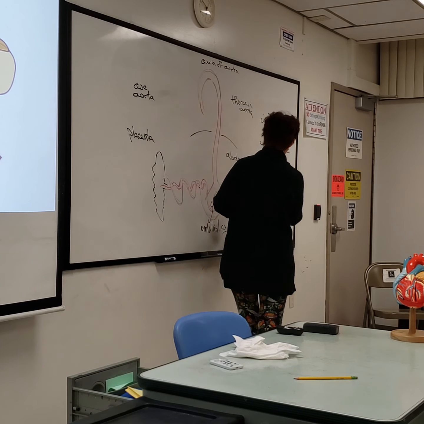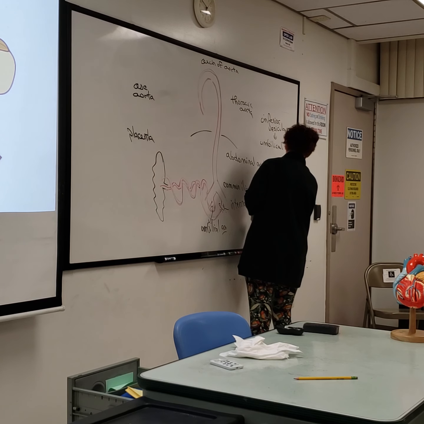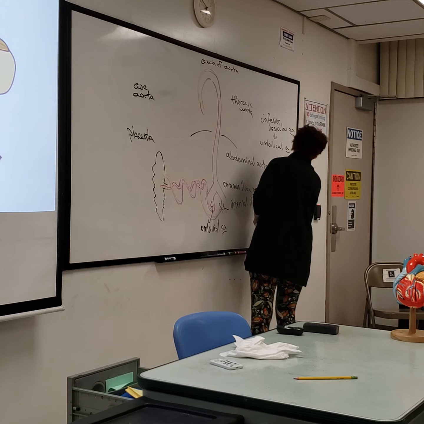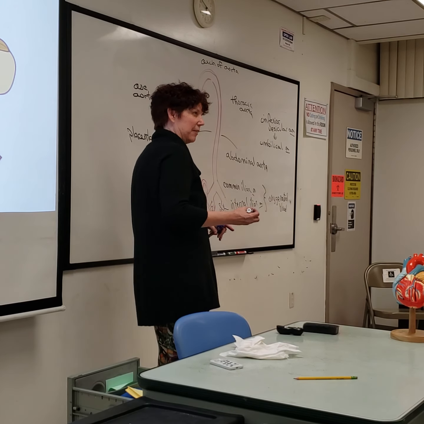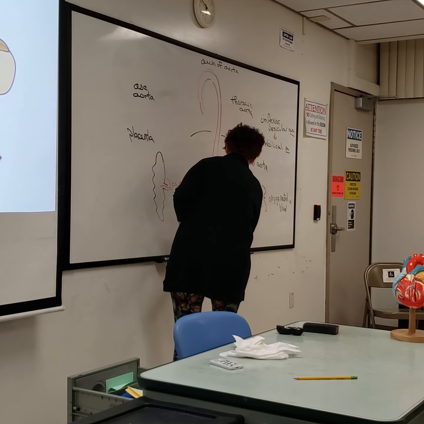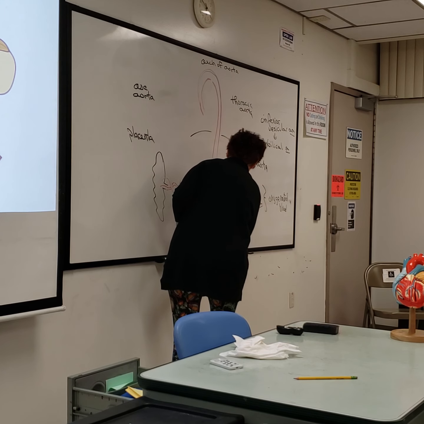So this blood is considered to be oxygenated. But this blood in the umbilical arteries would be considered deoxygenated, okay?